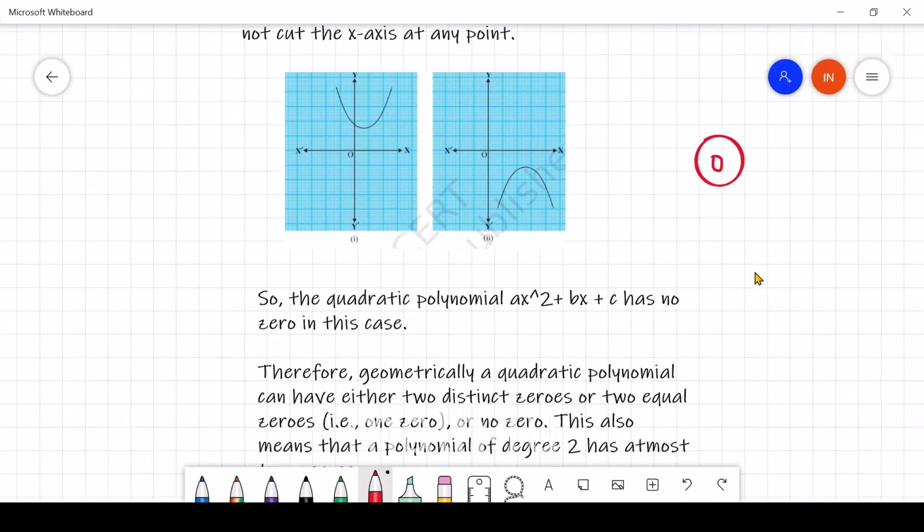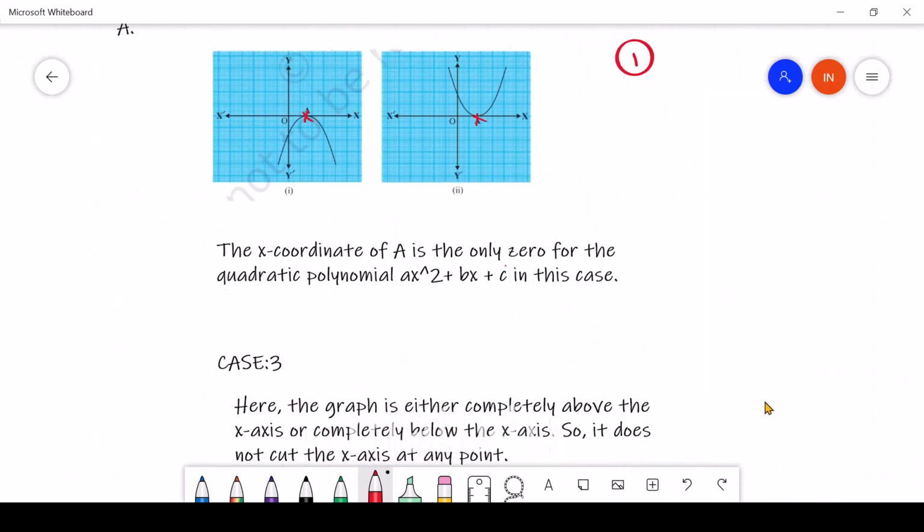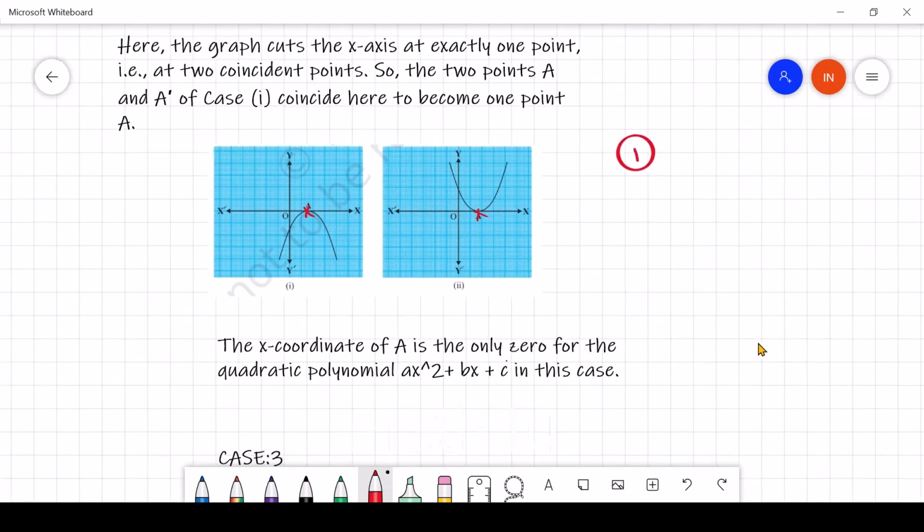So what can we conclude? We can conclude that geometrically, a quadratic polynomial can have either 2 distinct zeros, or 2 equal zeros, or no zeros. In the second case, we have seen that it is meeting at 1 point, right?